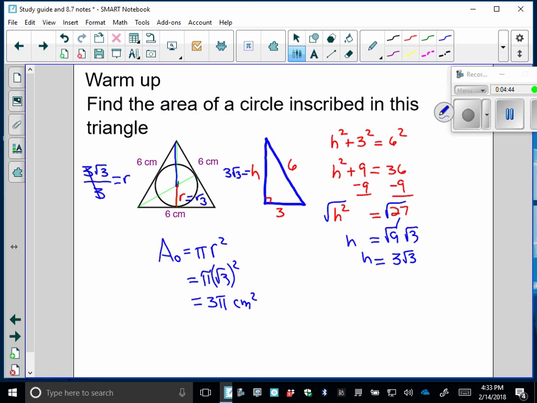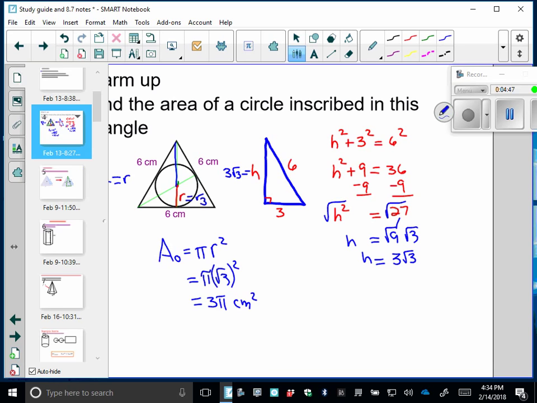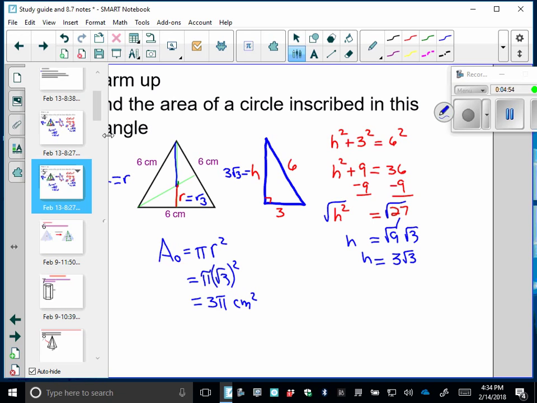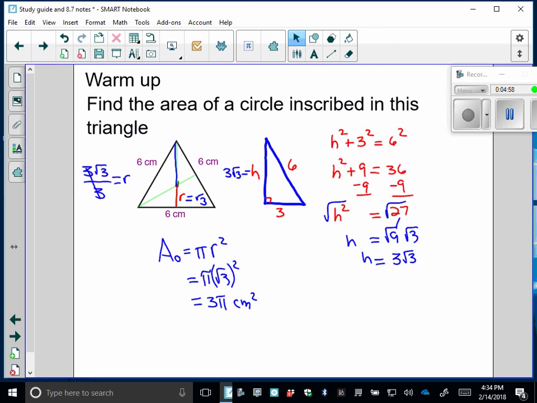The second thing that we talked about, I'm going to clone the page here, is what if a different question was asked of you, and you had to find not the area of the circle, but the shaded region between the circle and the triangle.